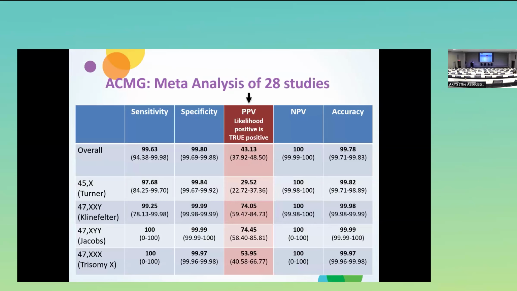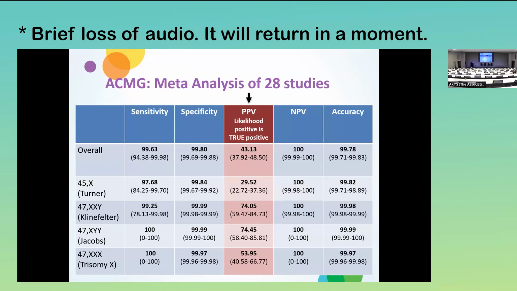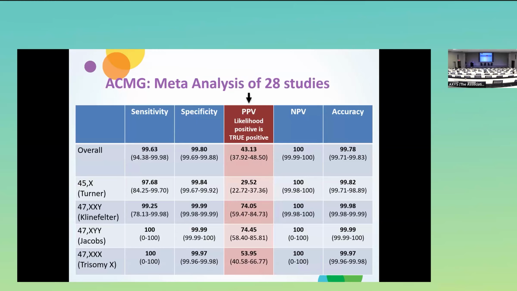So a couple of years ago, the American College of Medical Genetics published a meta-analysis of 28 studies looking at all of the X and Y outcomes and the positive predictive value, which is highlighted is a true positive in the child or in the pregnancy. And overall, this is about 43%.